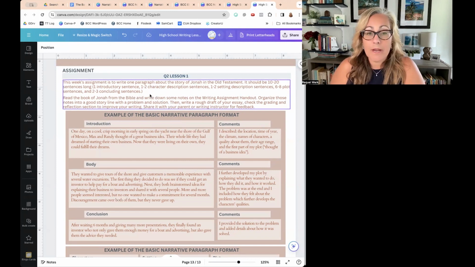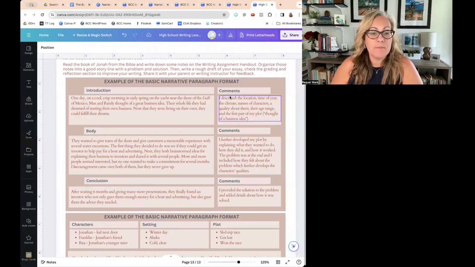In my sample paragraph, which we're going to see below, we'll have to count the sentences that I actually put in there. So you're going to read the book of Jonah from the Bible and write down some notes on the writing assignment handout and organize those notes into a good storyline with a problem and a solution. Then write a rough draft of your essay. Check the grading and reflection section to improve your writing. Share it with your parents or writing instructor for feedback.